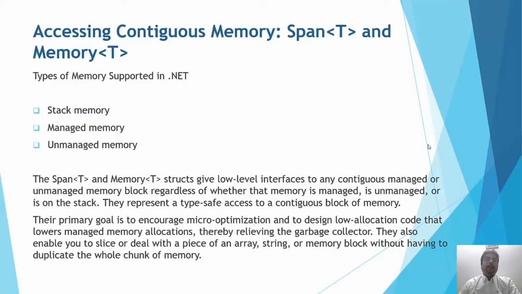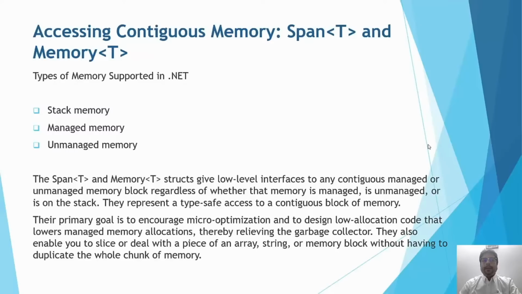You also have unmanaged memory, where you create pointers in your program, or you are trying to access memory outside of the CLR's memory space, or you are trying to make a call to any COM component. That is an example of accessing unmanaged memory.